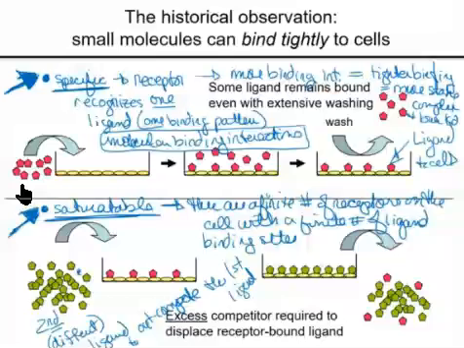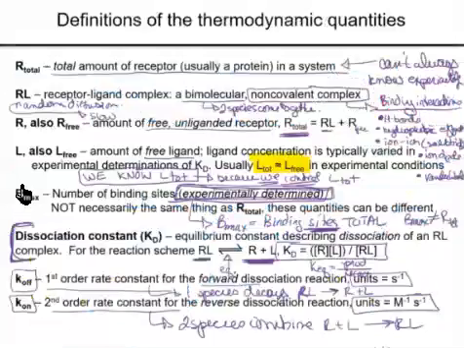Let's look at some of these definitions of these thermodynamic concepts here. R total is the total amount of receptor, usually a protein in a system. And we can't always know this with 100% certainty experimentally. We can do things experimentally to kind of back determine this. But if you think about how many receptors are present on the surface of a cell, it might not be possible to know that, right?